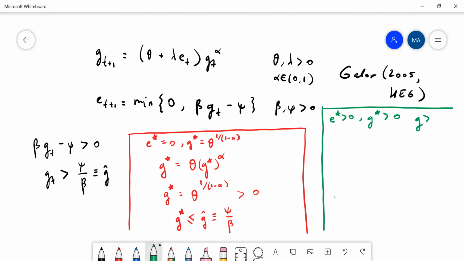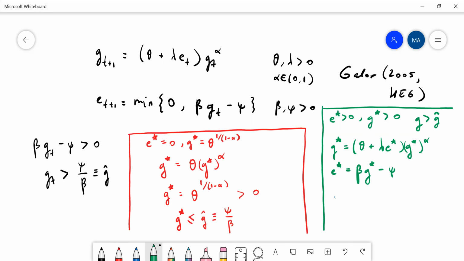So we are looking at growth rates larger than the threshold, so education will be positive, right? So then we have from the first equation G star equals theta lambda E star G star to the alpha, and then you have E star equals beta G star minus psi, okay? So this is 2 equations in 2 unknowns. If you solve it, let me give you the result.